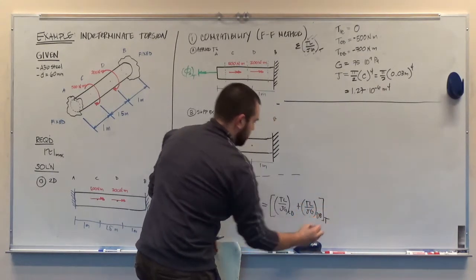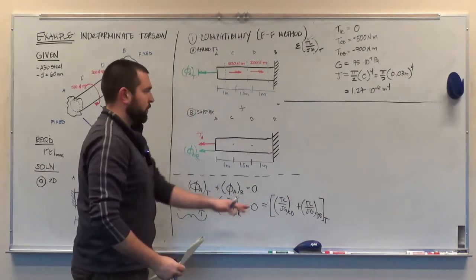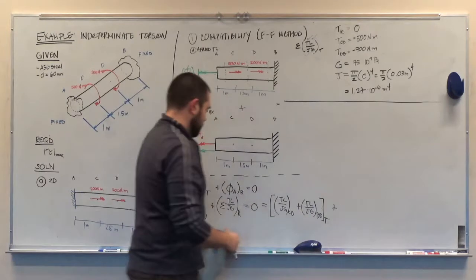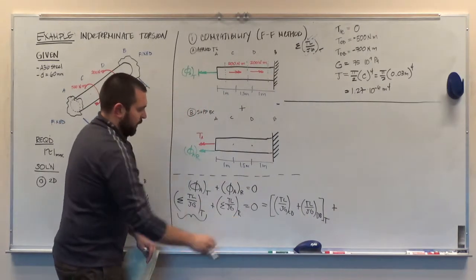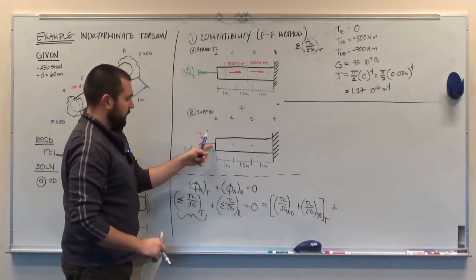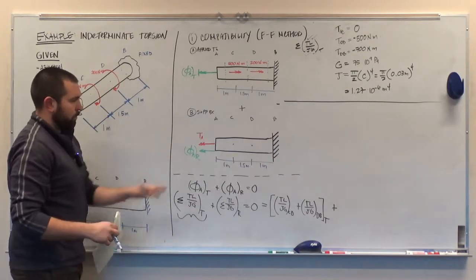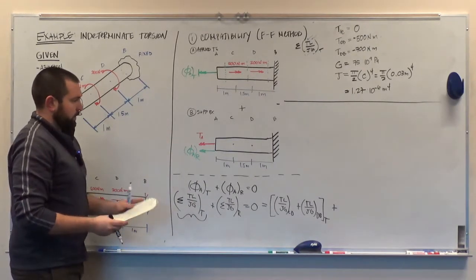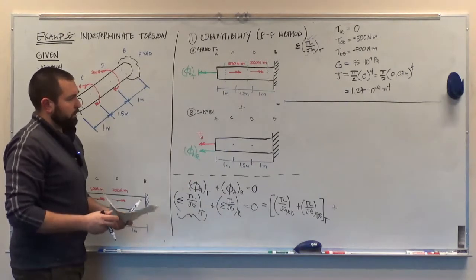And those are for the externally applied torques. So we just get 2 terms out of that. And we know it's going to be added to the angle of twist due to just this support torque that we're applying in the second scenario to point A. So this one's a little bit more straightforward.